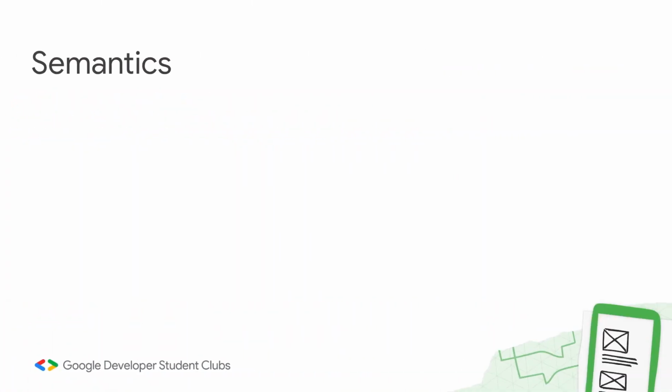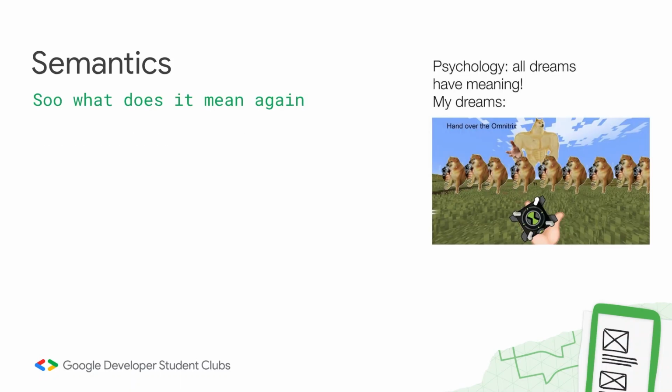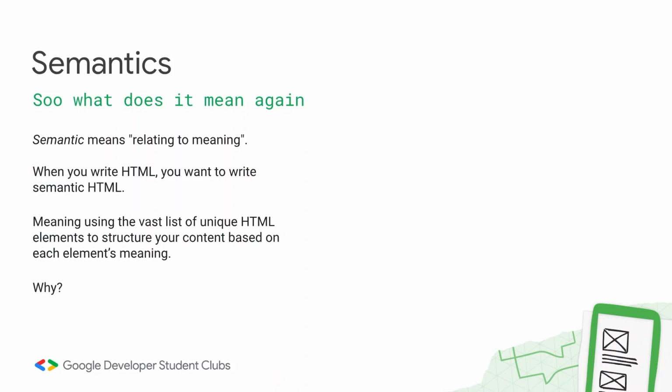So we've been talking a lot about semantics and what that actually means. Back in HTML4, before HTML5 came out, which is the current version, you used to have websites with a lot of divs, which we talked about are used to group elements together. Semantics essentially means relating to meaning.